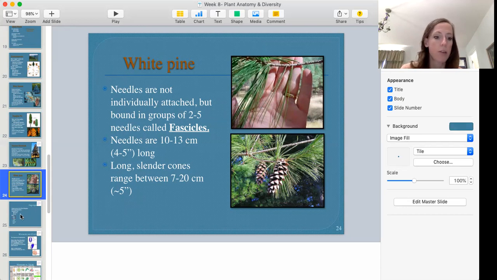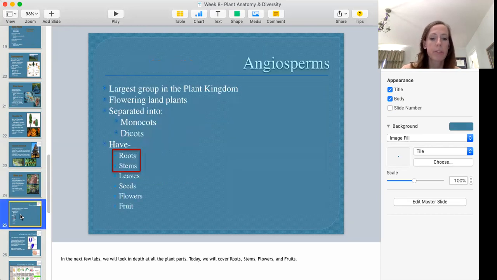We're also going to look at some angiosperms. Angiosperms are the largest group in the plant kingdom, and they are flowering land plants. We separate them out into monocots and dicots. Dicots are sometimes also called eudicots. And they have a range of structural characteristics, including roots, stems, leaves, seeds, flowers, and fruits.